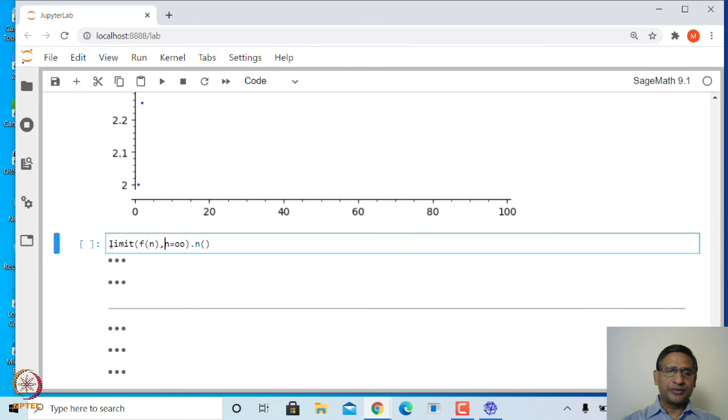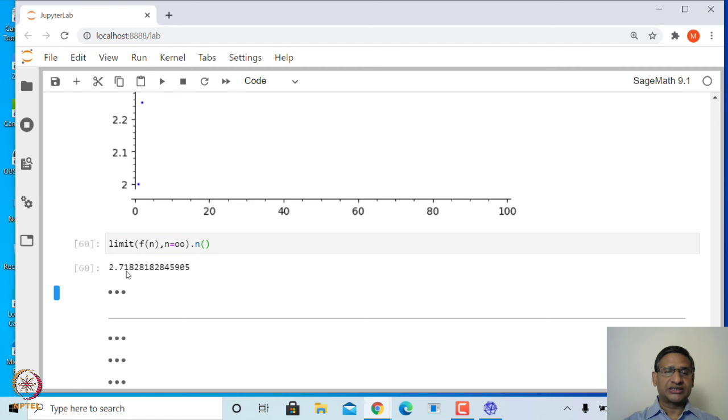Again you can find the limit of a sequence by the same function limit using which we found the limit of a function. So, the limit of the sequence f n at n equal to infinity, and let us take its numerical value. That is 2.718281. If you recall, this number is nothing but Euler number, which is exponential of 1.